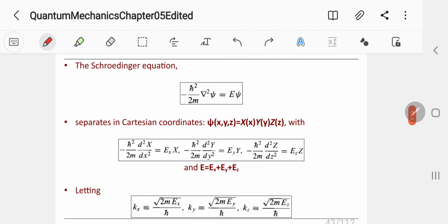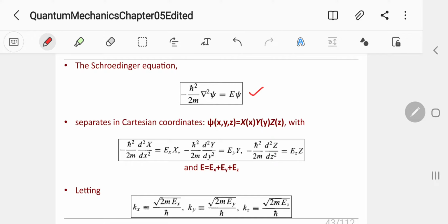So we can get the Schrödinger equation for that. We have here the Schrödinger equation, which has no potential because the potential is 0 inside. Because the solid cannot exist outside, the wave function psi outside is 0.